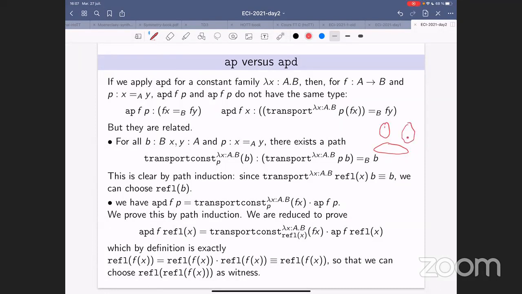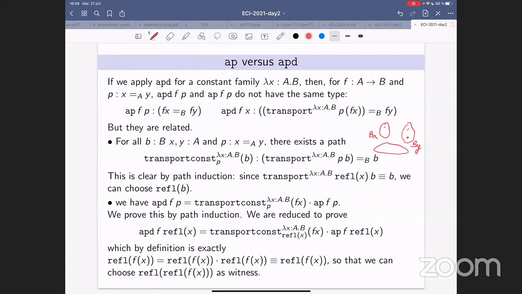So I had to transport it, because here I had some bx and here I had some by. But of course, if this is a constant family, all these guys are the same type. So this guy lives also here. So morally speaking, you don't want to transport in the constant case, in the non-dependent case.